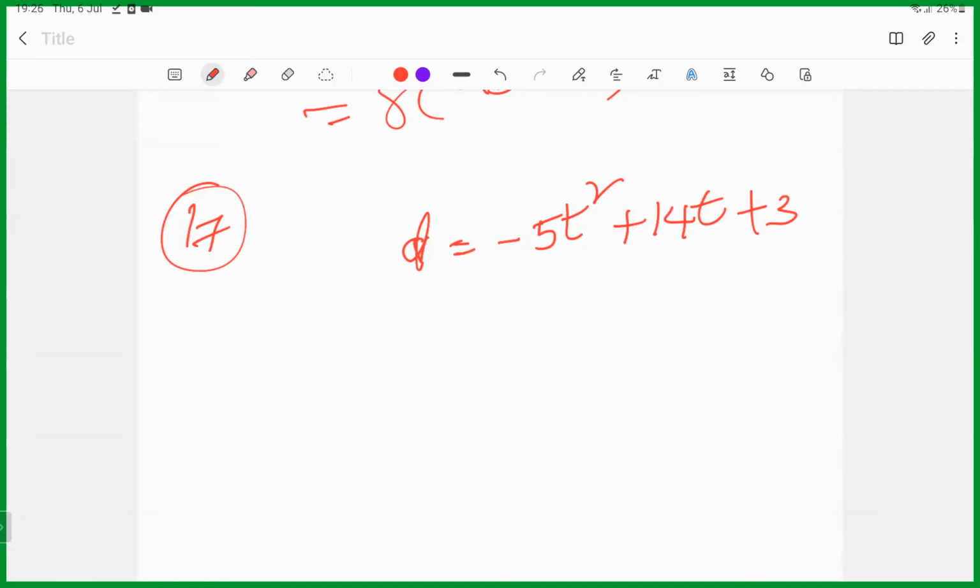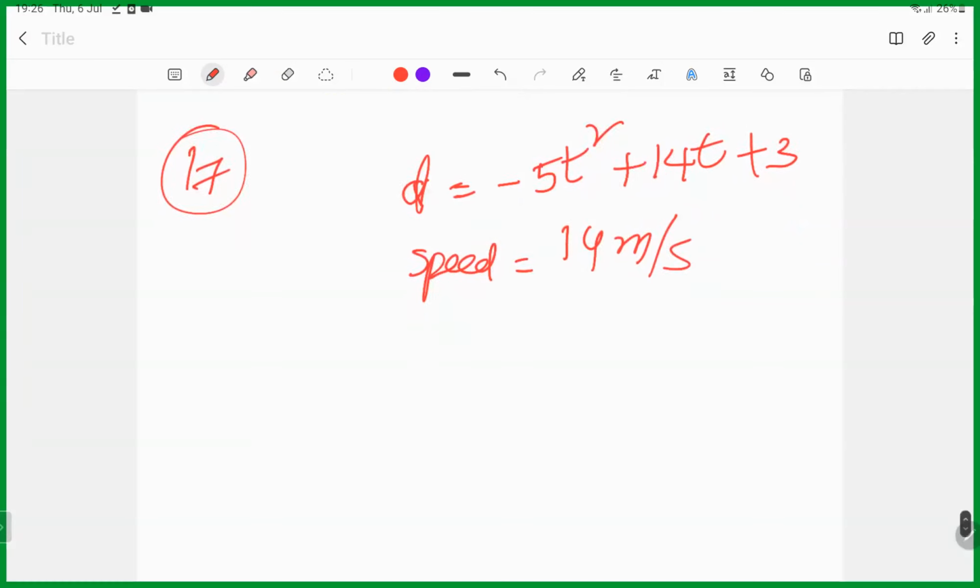So that which follows the curve of minus 5t square plus 14t plus 3. Okay, so what is the speed? 15 meters per second, right? So h represents the height in meters and time t in seconds.